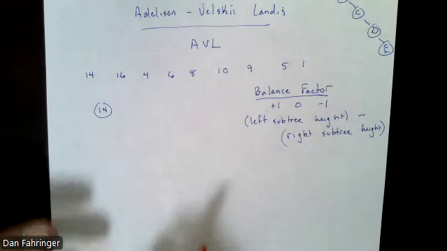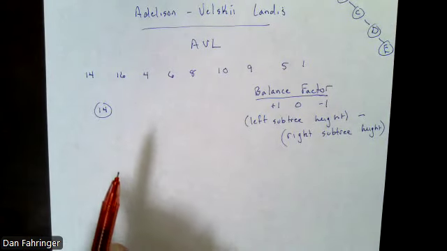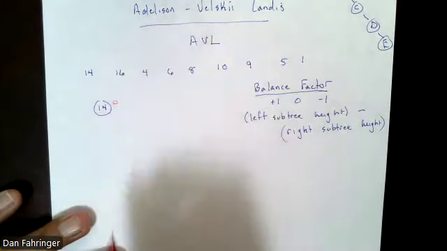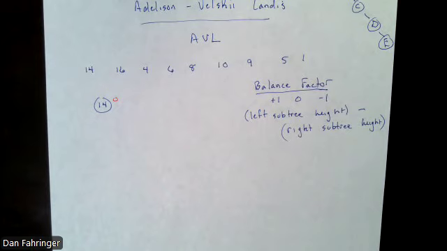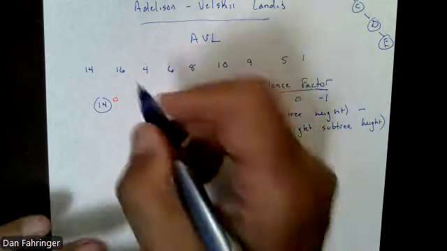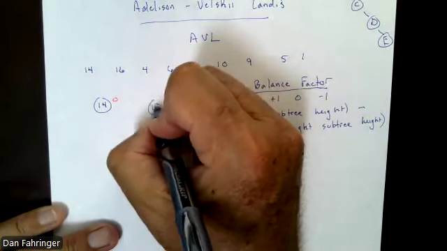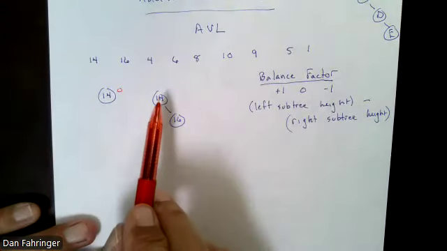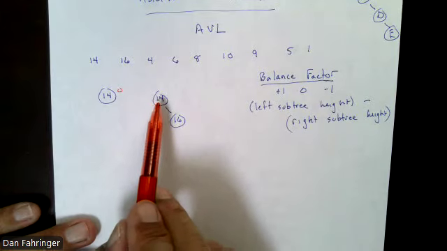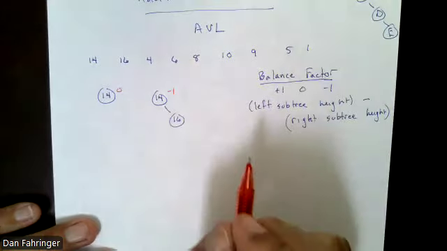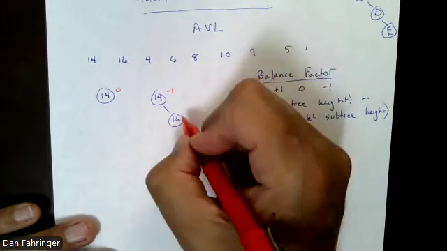All right. So for this first guy, 14, the left subtree minus the right, that's a 0. That means we're happy. If I wanted to search this binary tree, it would be great. Next number I'm going to add is 16. 14 now has a balance factor of 0 minus 1, so that's -1. 16 has 0 minus 0.